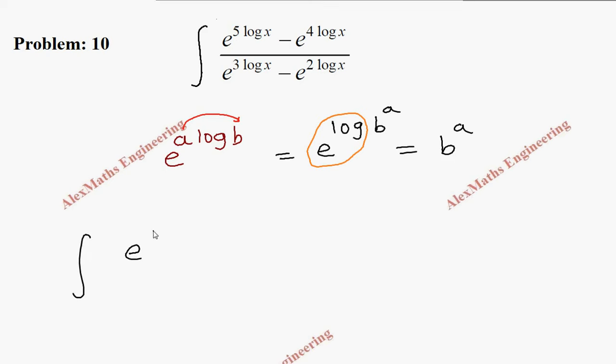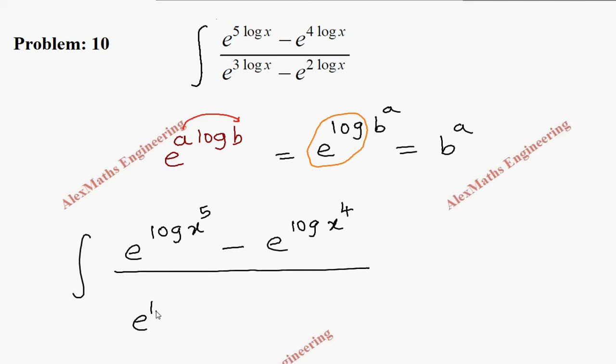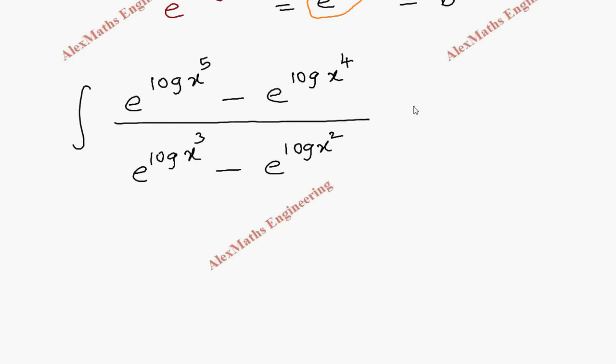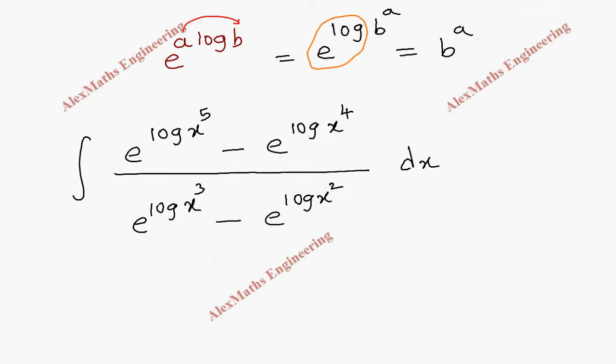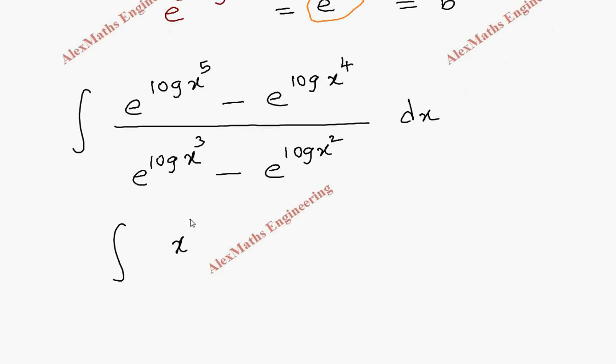So first term will be e power log x power 5 minus e power log x power 4 whole divided by e power log x power 3 minus e power log x power 2. Now after removing e and log, we have first term as x power 5, second term x power 4, and in the denominator, the first term x cube minus x square dx.